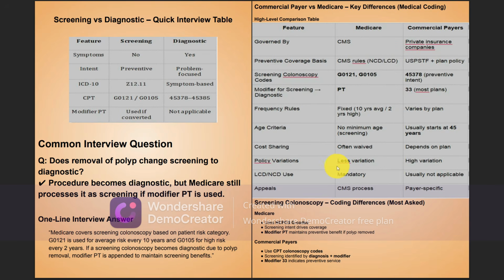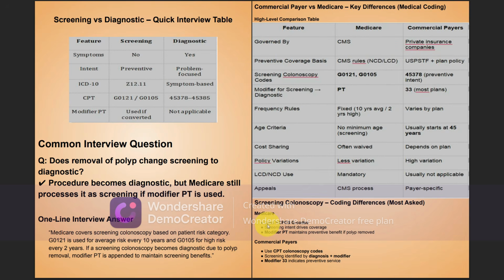Policy variations: less variation in Medicare, high variation in commercial. LCD and NCD are mandatory in Medicare, usually not applicable in commercial. Appeal: CMS process for Medicare; payer process is significant for commercial. The screening colonoscopy coding difference must be asked; they are asking about the difference between them.